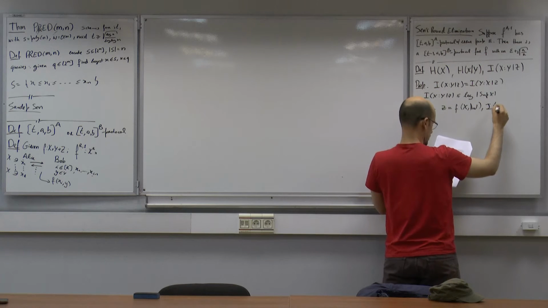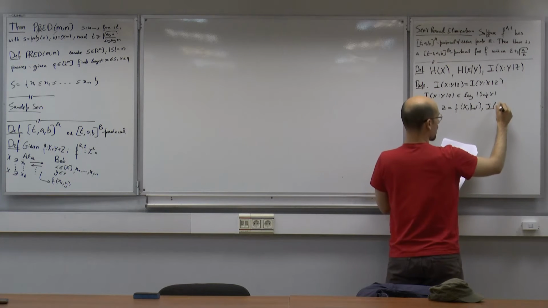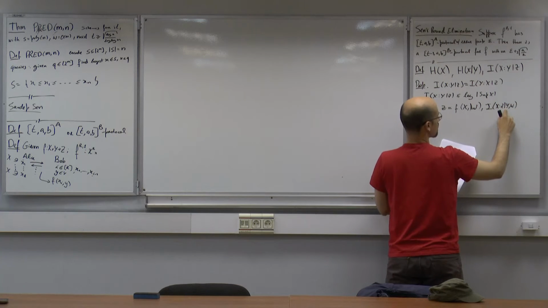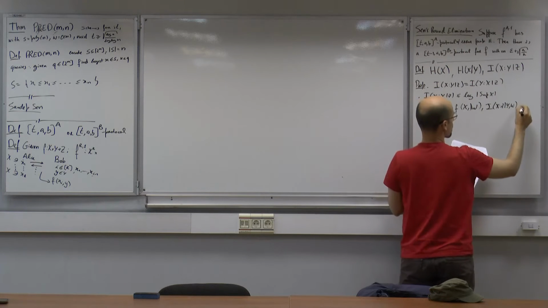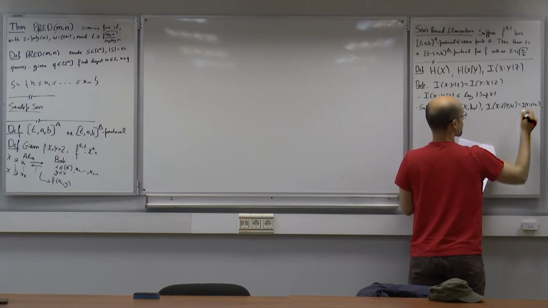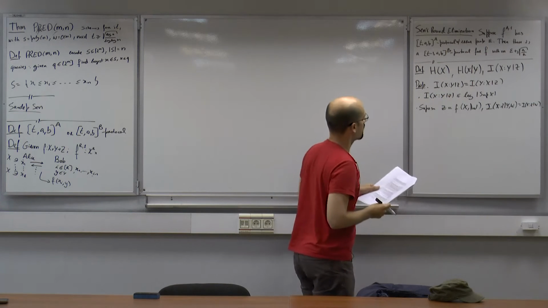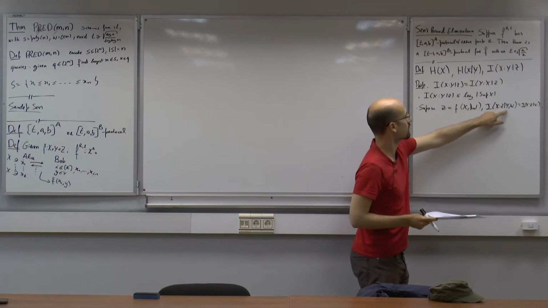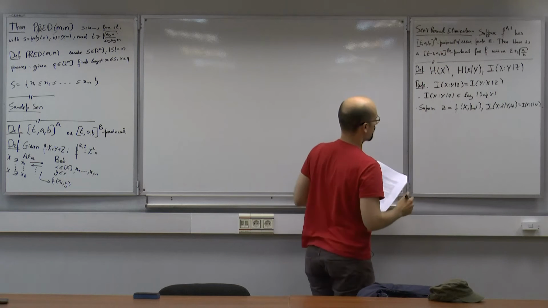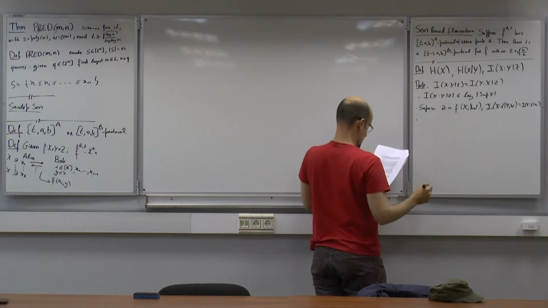Then the information between X and Z given Y and W is the information between X and Z given W. So I can remove Y. If F does not depend on Y, I can basically remove it, and I get exactly the same amount. Okay, so I need that.